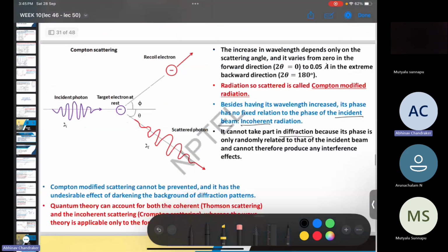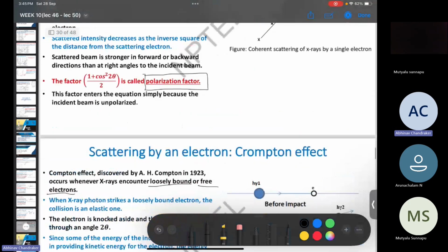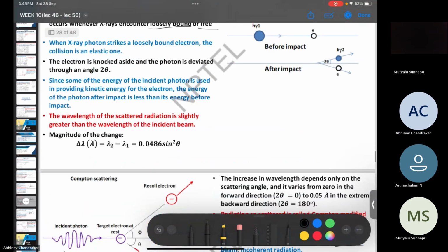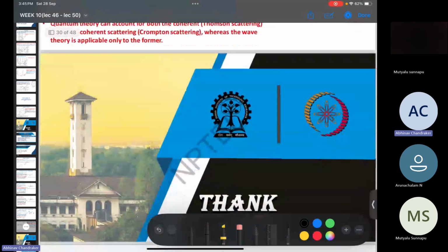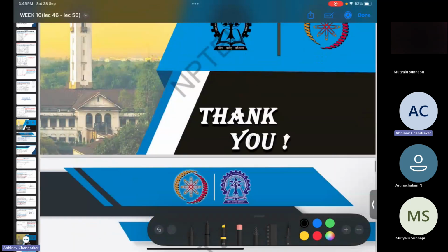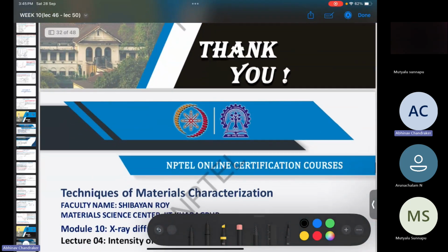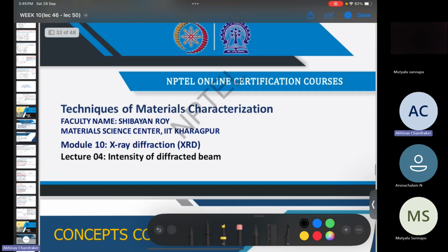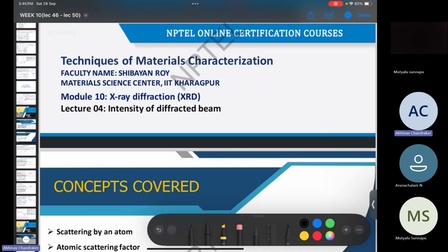So this kind of scattering by loosely bound or free electrons is called the Compton effect, and this also contributes to the scattered beam that we observe when we have X-rays incident on a material.